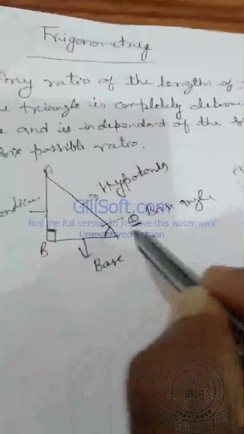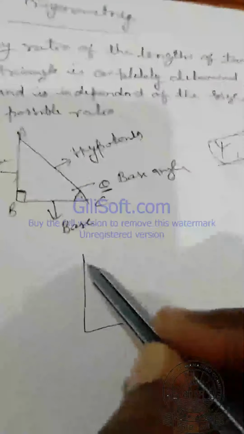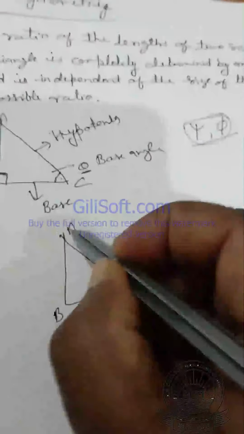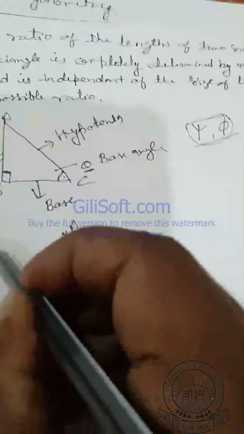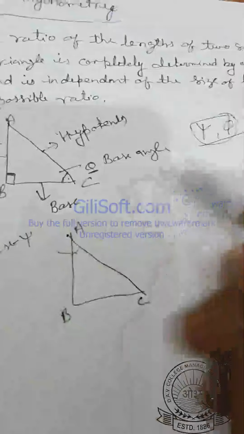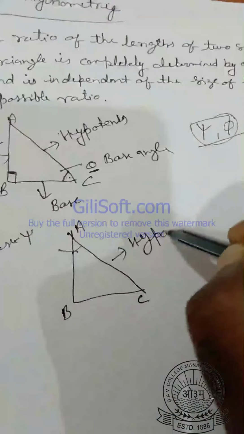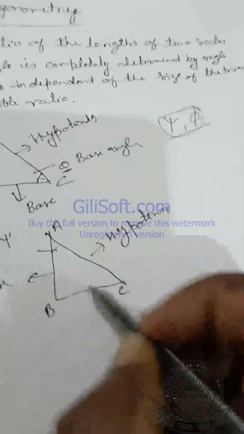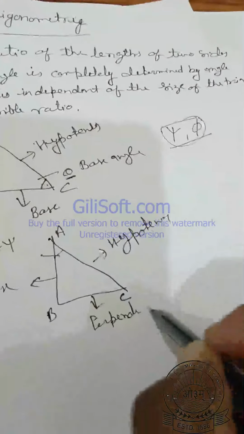This is A, B, C. Let us suppose this is B, this is C, A. Now if we consider this angle as a base angle, now name this psi, then there is no change in hypotenuse, but the perpendicular became base and the base became perpendicular.